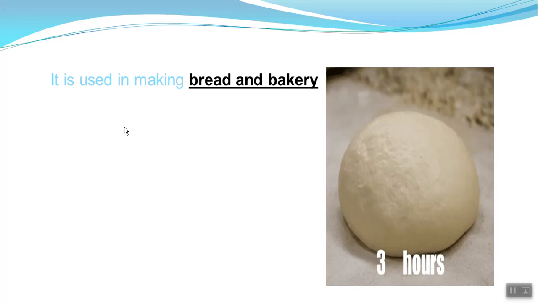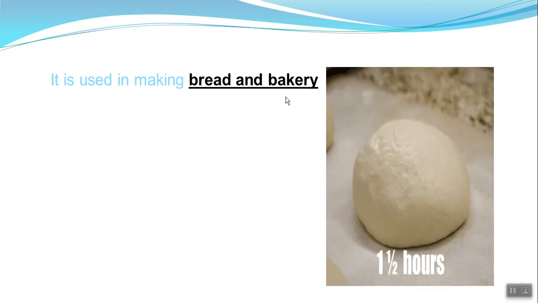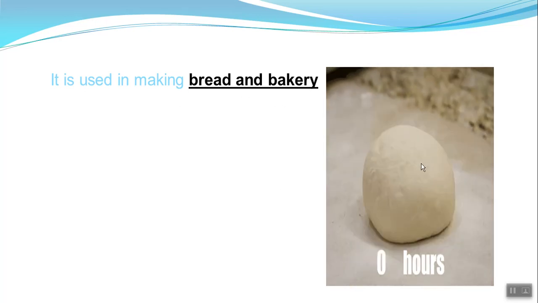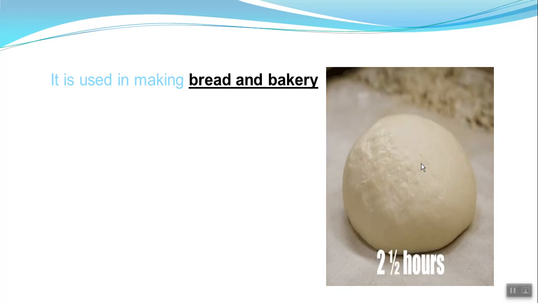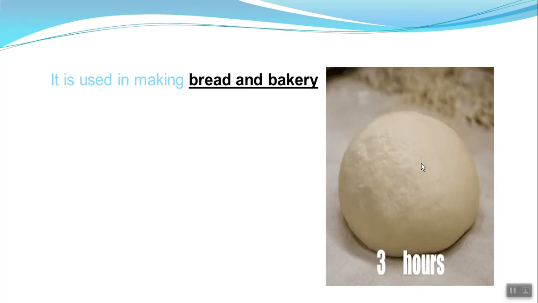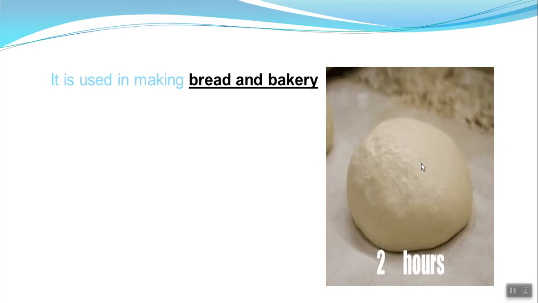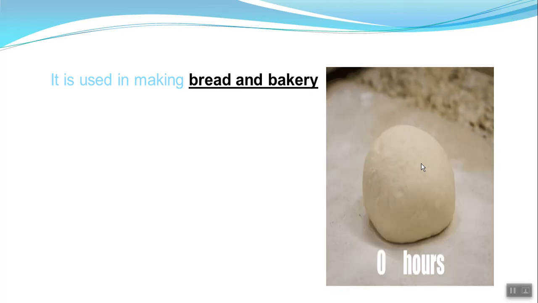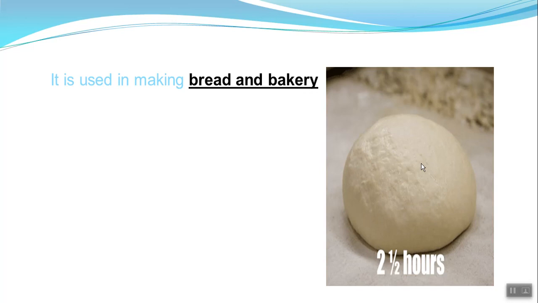Also, I use carbon dioxide in bread and bakery. When you make dough, for example, for making bread or pizza, you see your mom put the yeast over the dough and then put the dough in a warmer place. After that, you see that the dough gets bigger and bigger. Why?